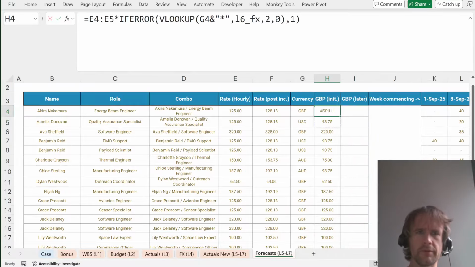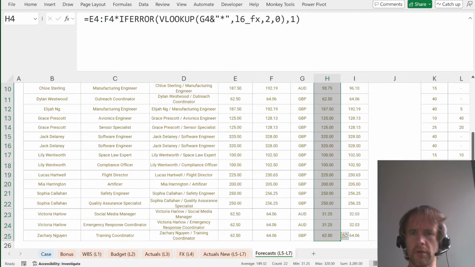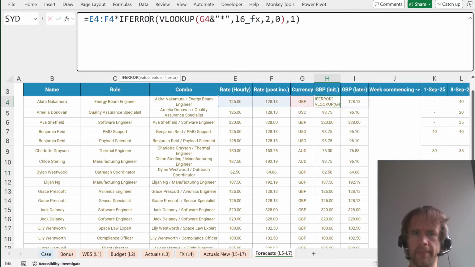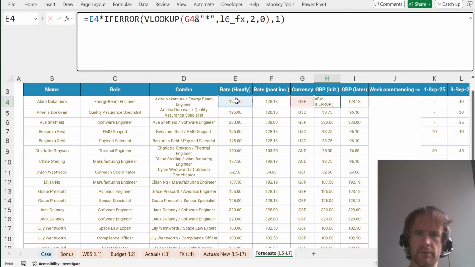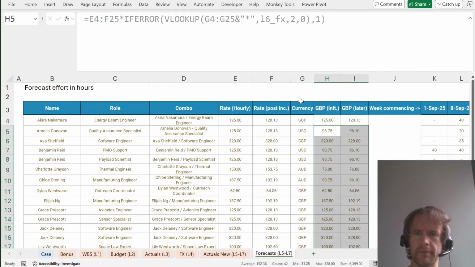Huh? Oh, sorry. 4 colon F4. Okay. I guess there's no reason these can't just apply to the whole column. Right off. Without any screwing around.